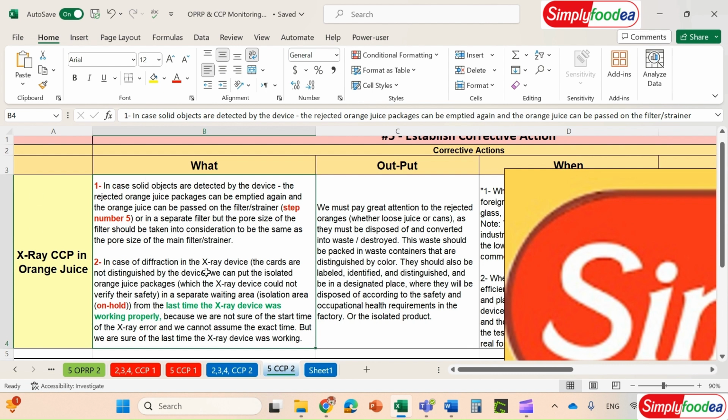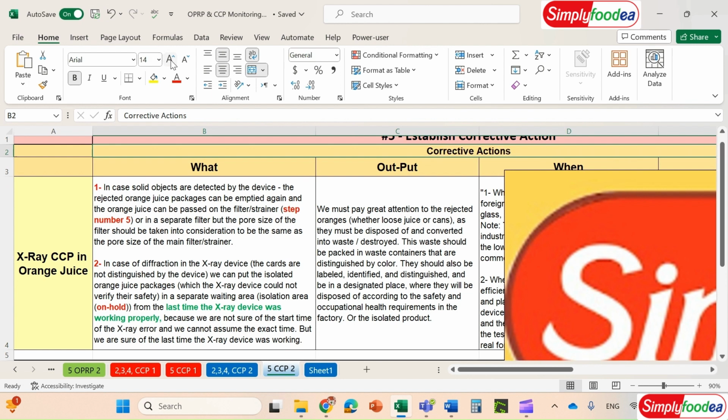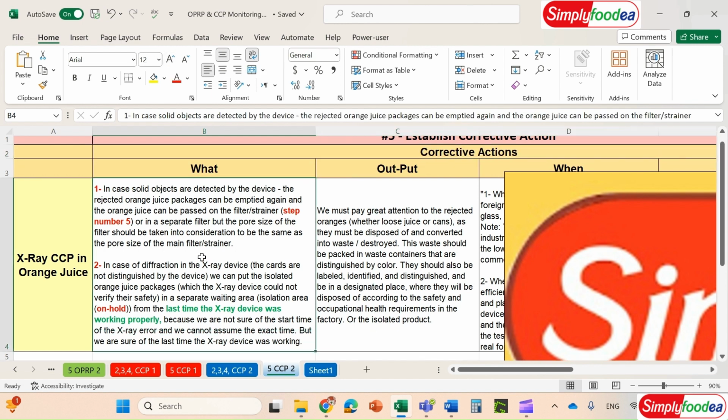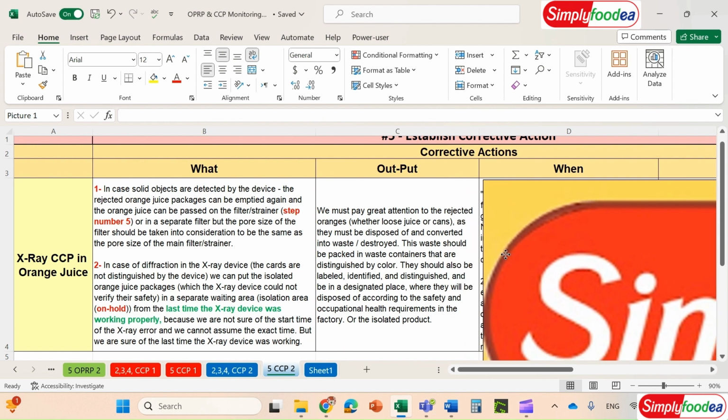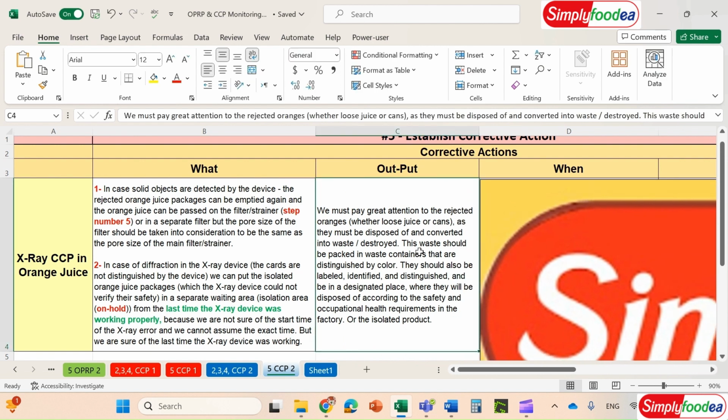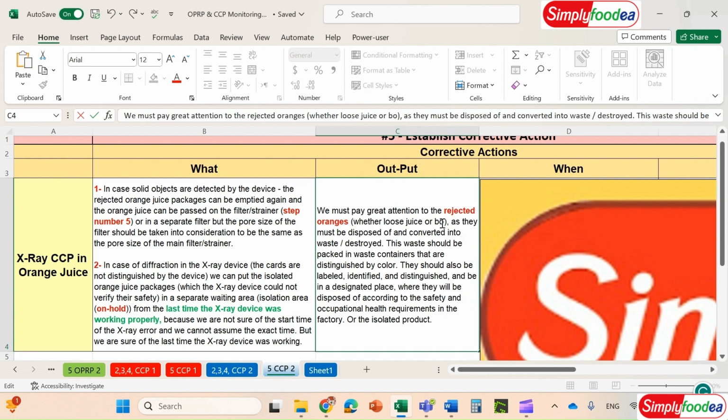And now we are talking about the X-ray CCP, establishing corrective action. So either if there is any issue in the product or an issue in the device itself, what are the outputs? You must pay great attention to the rejected oranges, either product or cans or bottles, but now we are not using cans, so it will be bottles. They must be disposed of, converted into waste, or destroyed. This waste should be packed in waste containers that are distinguished by color.